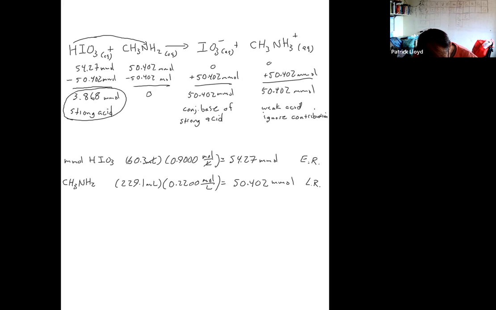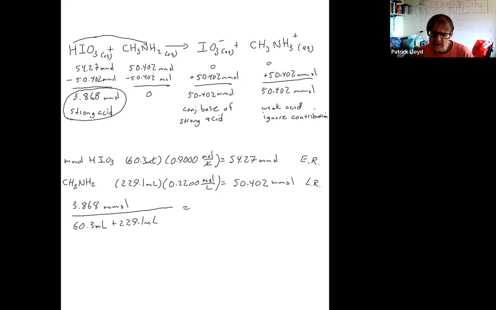This is a strong acid. So we have 3.868 millimoles of a strong acid left over. And we're going to divide that by our total volume, which is 60.3 milliliters plus 229.1 milliliters. I hope you can see where I'm going with this.